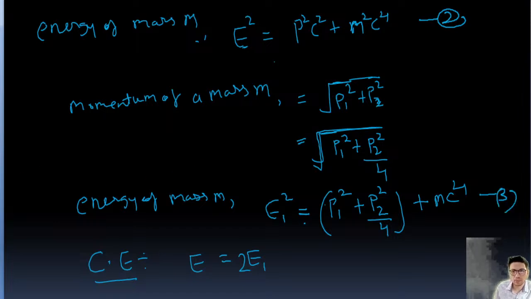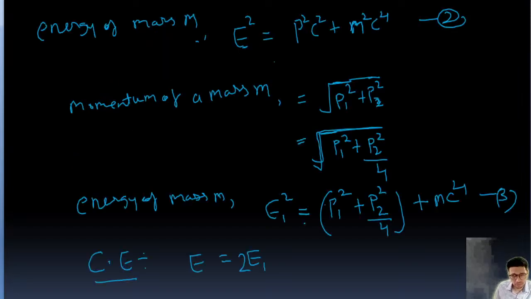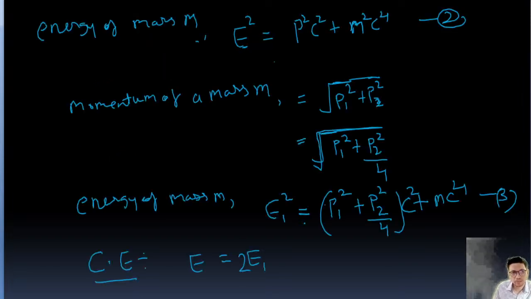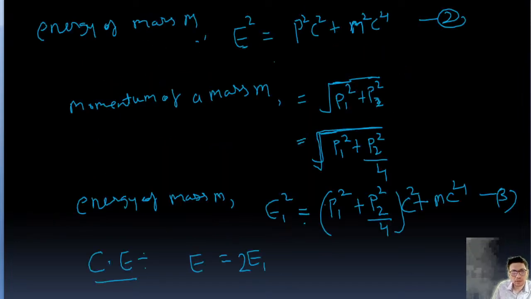So we'll put the value of E1 square: P1 square plus P2 square, this is C square, guys. We have made a mistake here. P2 is P by 2, right?